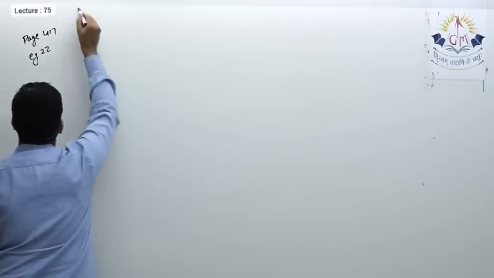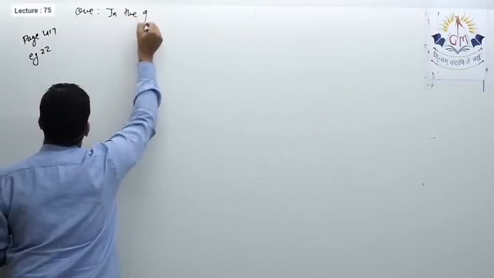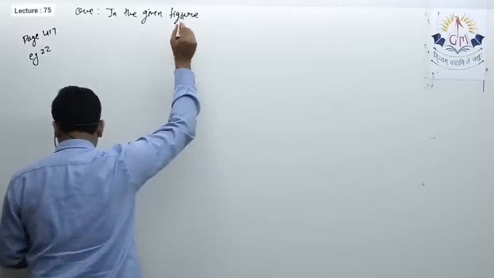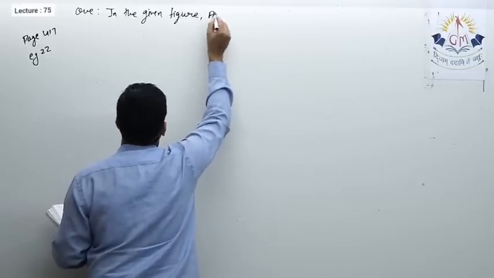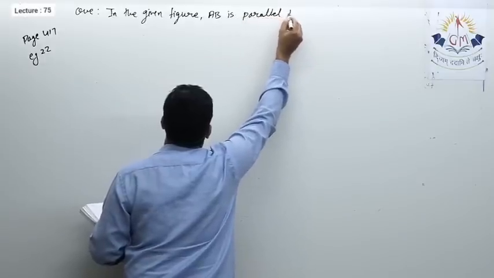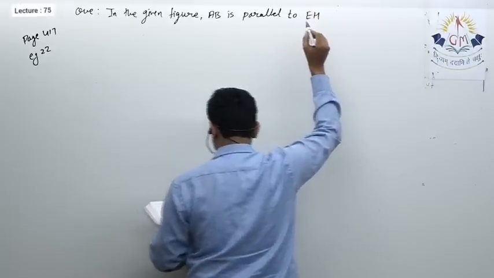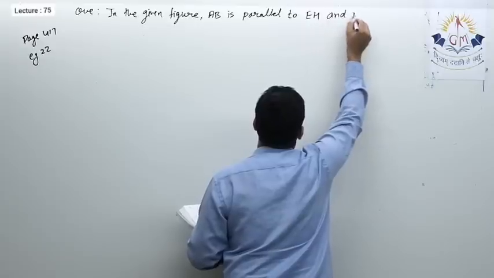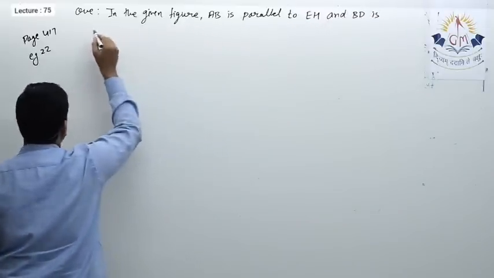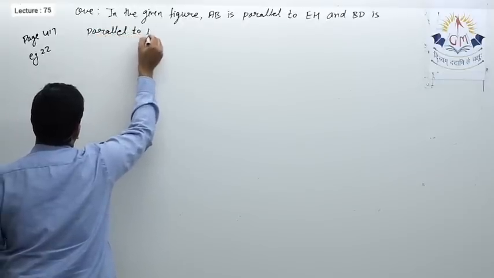In the given figure, AB is parallel to EH and BD is parallel to FH.